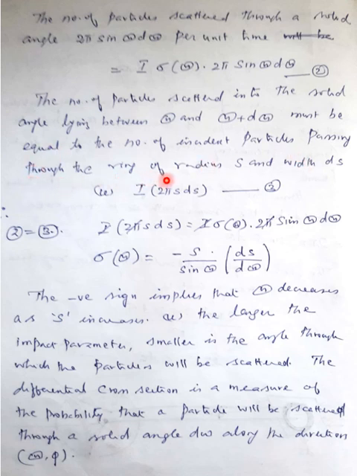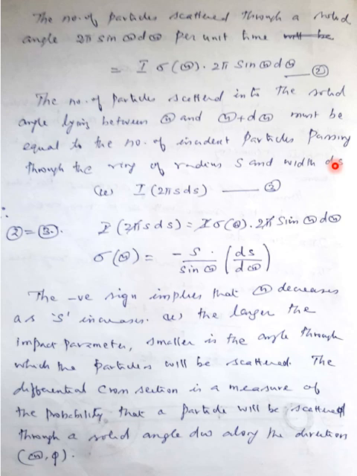Now, equate these equations 2 and 3, and you will get sigma of theta. This is the differential cross-sectional area or angle of the scattering. Sigma theta is equal to minus s divided by sin theta times ds by d theta. This negative sign implies that theta decreases as s increases.